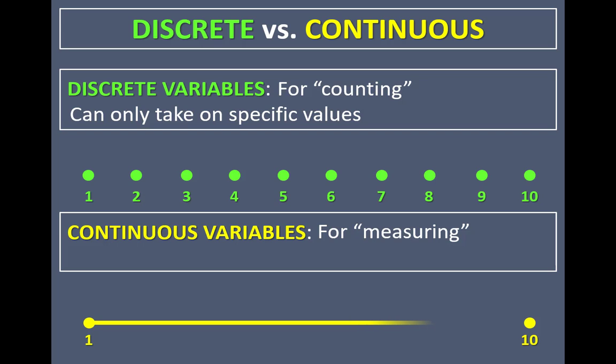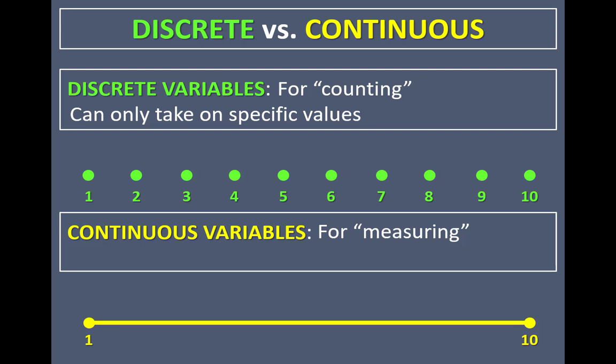I can measure more and more accurately with more and more decimal places. I don't go from 1 to 2. I may go from 1 to 1.1, or from 1 to 1.01, or 1.00000001. I am only limited by the number of decimal places that I want to measure accurately to.